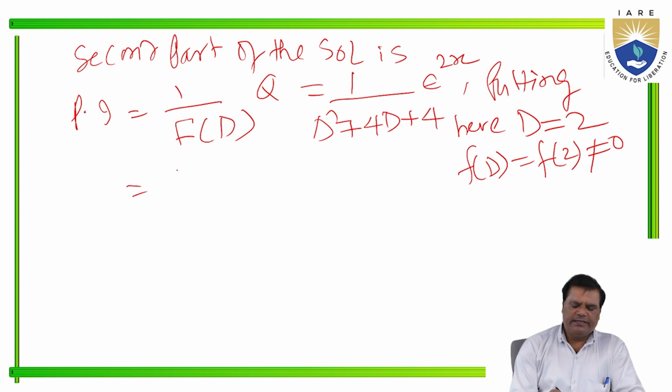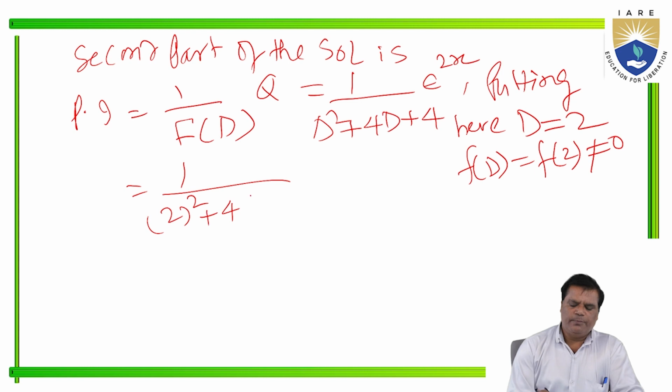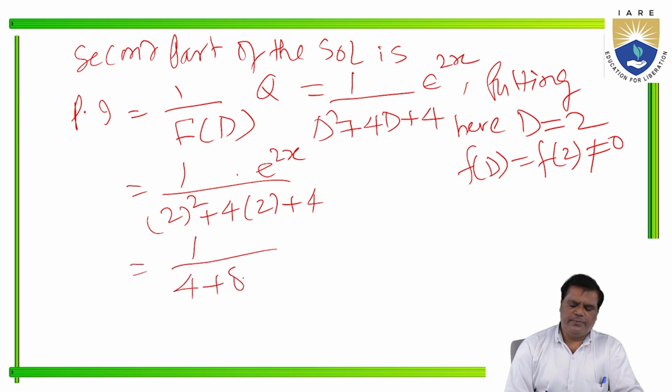So our answer is 1 upon (2 square plus 4 into 2 plus 4) into e to the power 2x. Now this equals 1 upon (4 plus 8 plus 4) e to the power 2x, so here it is 1 upon 16 e to the power 2x.